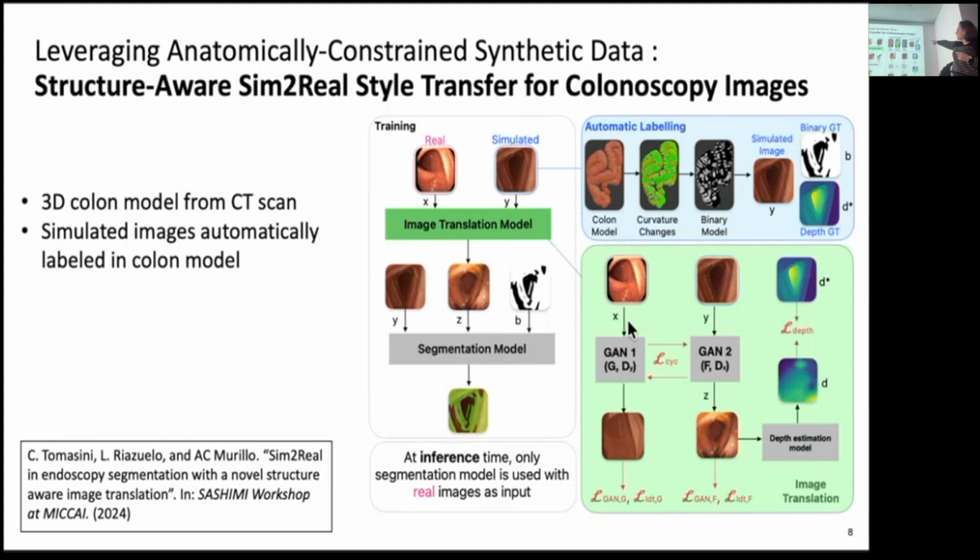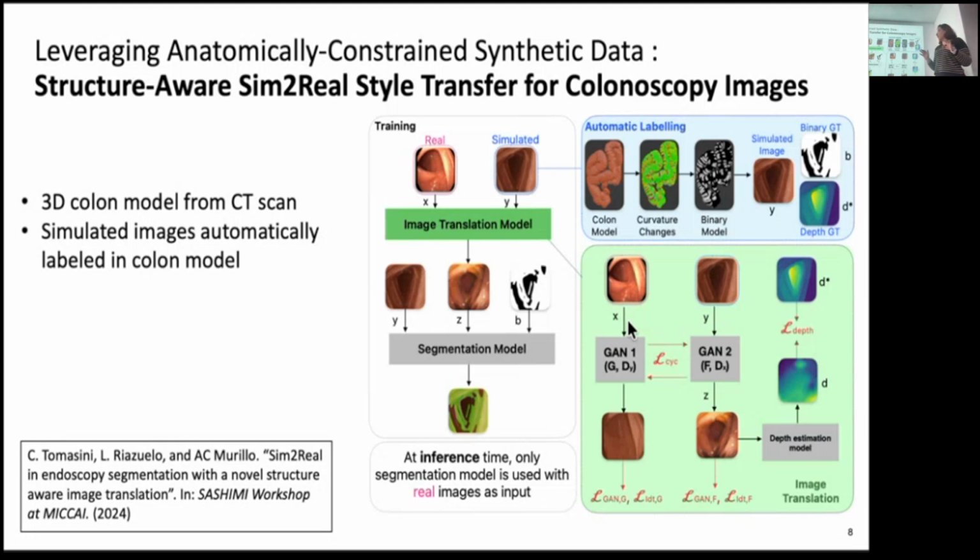And then from these simulated images that we generated, we wanted to use CycleGAN to obtain a realistic looking texture for these images. The issue is that CycleGAN is known for hallucinations. So yes, the texture was really good.